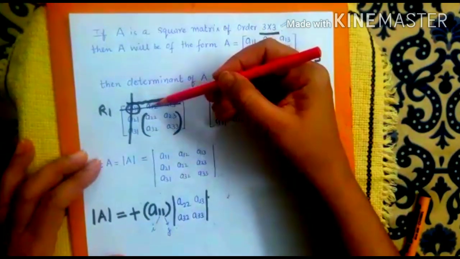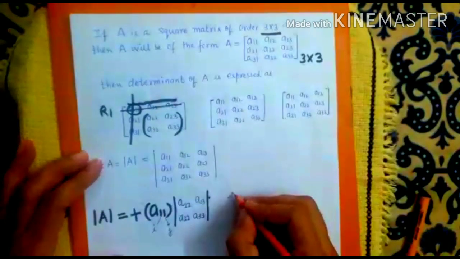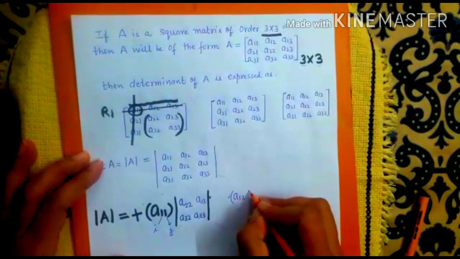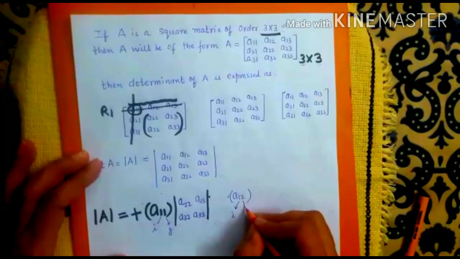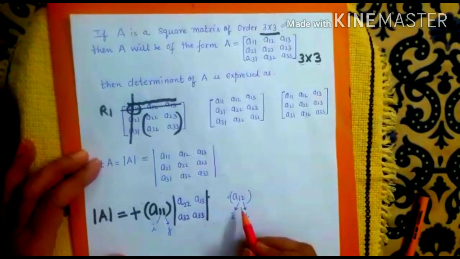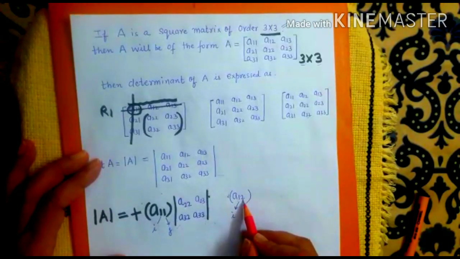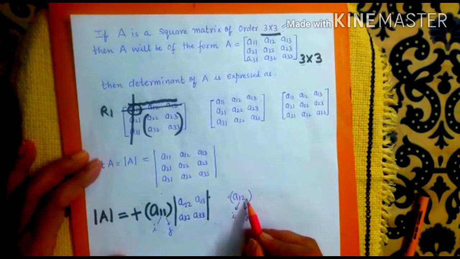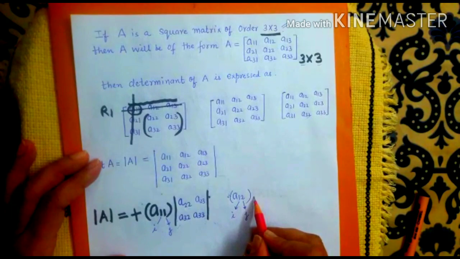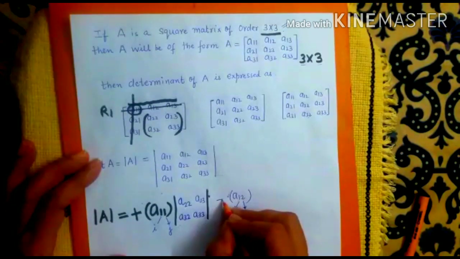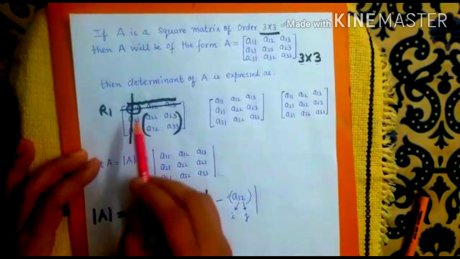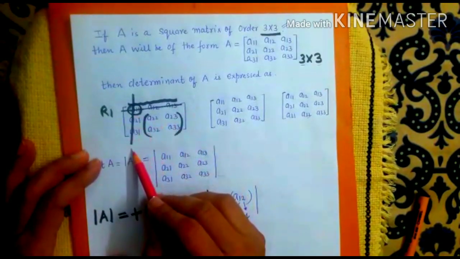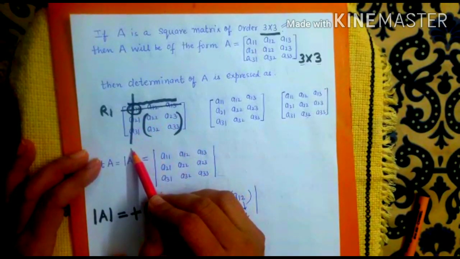Next, move on to the second element, which is A12. Now here i is 1 and j is 2. Compute i plus j, which is 1 plus 2, that is 3, and 3 is odd, so take here a negative sign. Now again delete the row and the column in which this element lies.